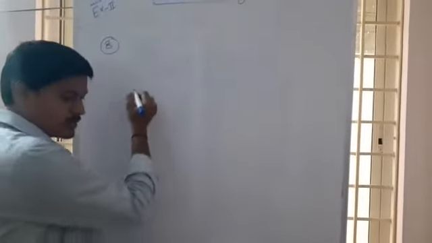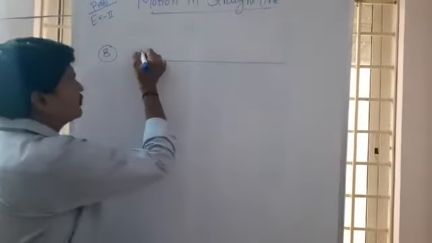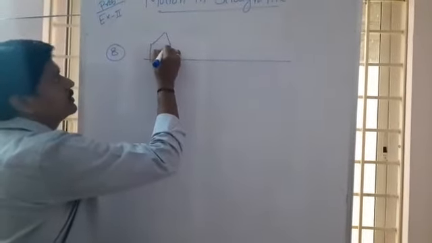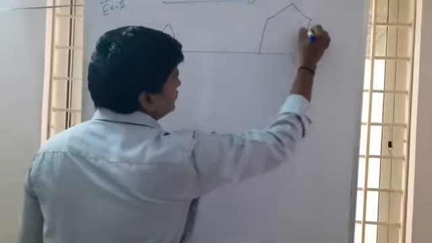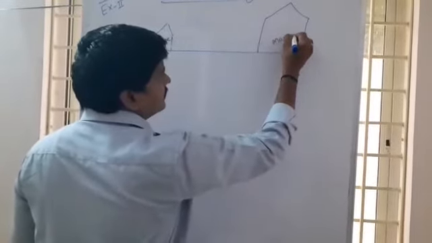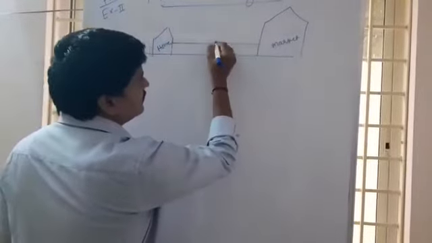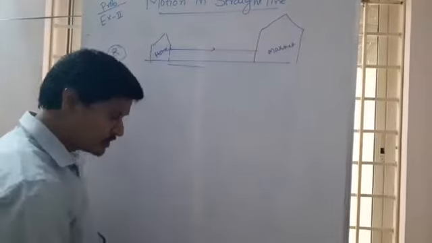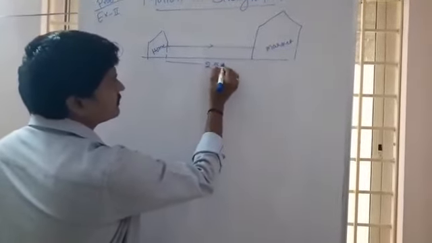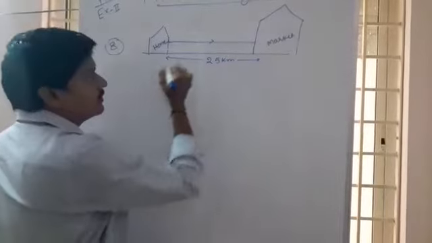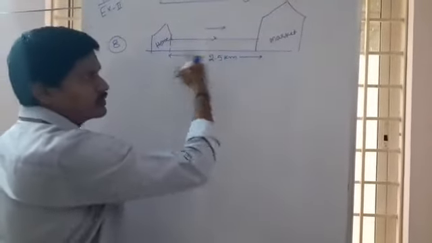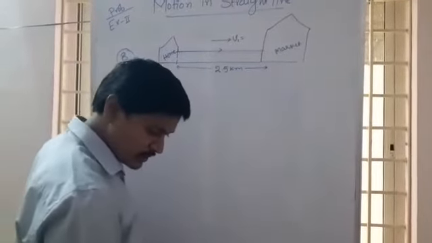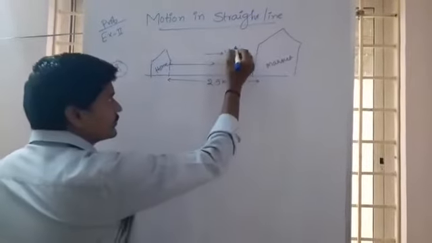Next one, a person walks from home to market. This is home to market, and the distance between them is 2.5 kilometers. First the person is moving towards the market with the speed v1 equal to 5 kilometer per hour.